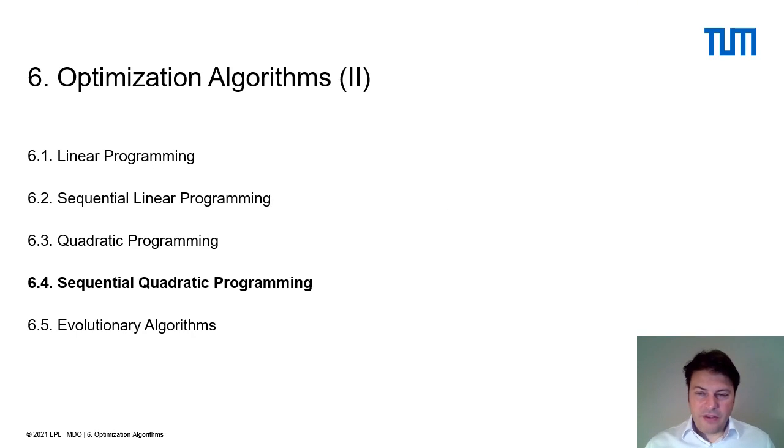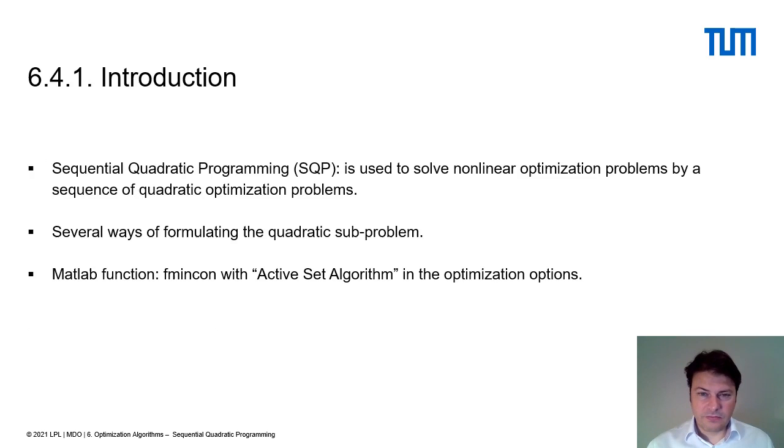Now let's apply this to sequential quadratic programming. Sequential quadratic programming, or SQP, is used to solve nonlinear optimization problems by a sequence of quadratic optimization problems. And well, there are again many ways to formulate the quadratic subproblem.